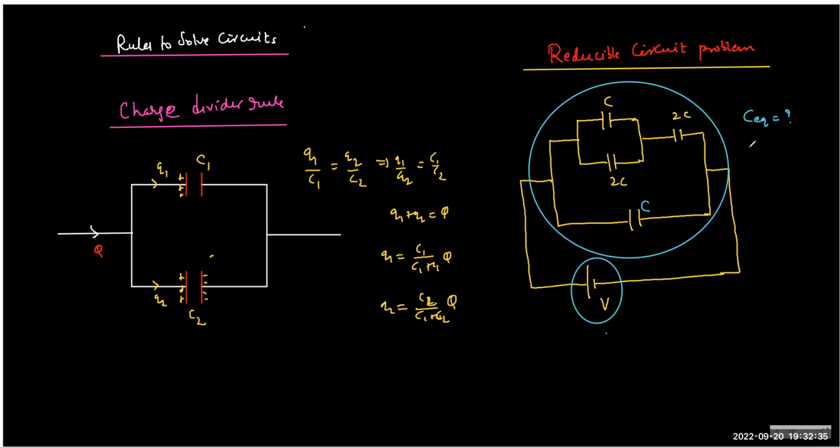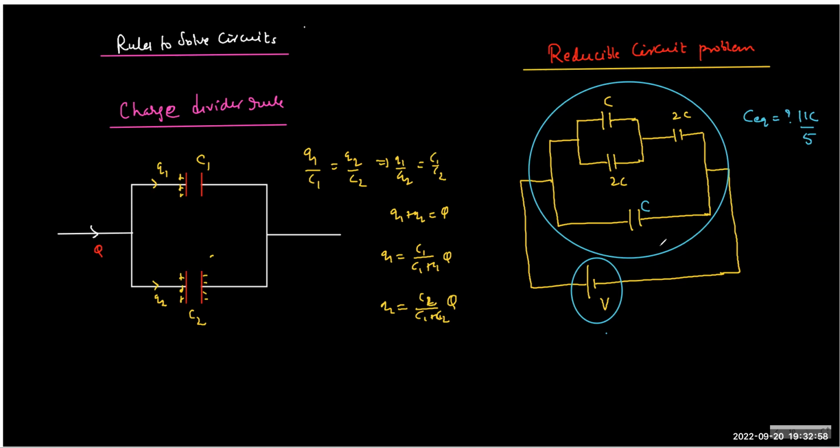Everyone, tell me the answer. 11C by 5. I think that's the correct answer. Anybody else getting the answer? 3C and 2C are in series, which is 6C by 5, plus C, which is 11C by 5.